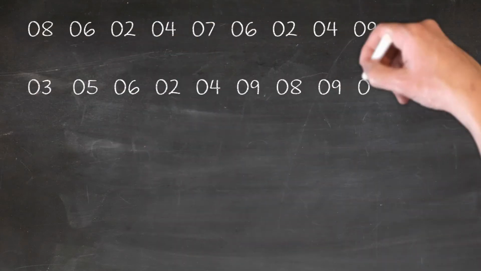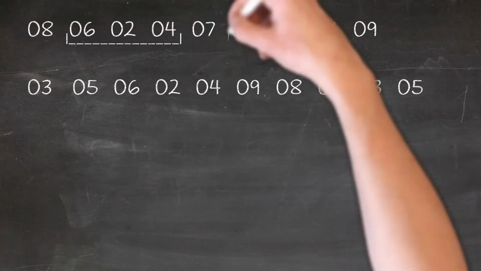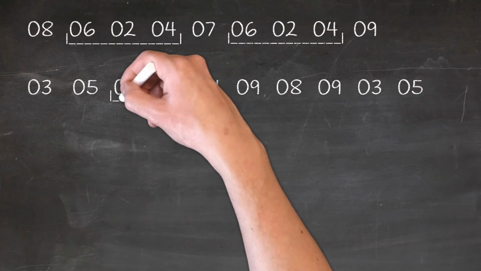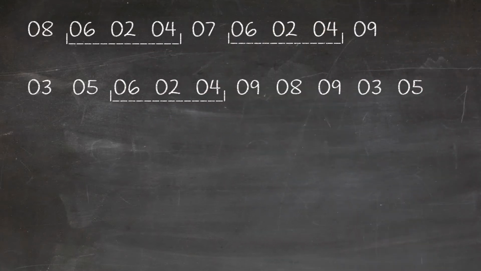To give you an example, consider the following array of bytes. We have this array of bytes, 862, blah blah blah. If you look closely, you will see that 624 has been mentioned 3 times. Here, here, and here. So instead of mentioning it 3 times, we can just mention it once and refer to it later. How?